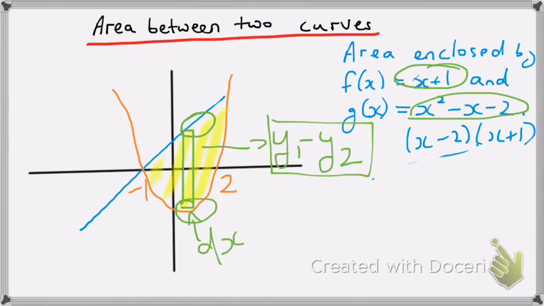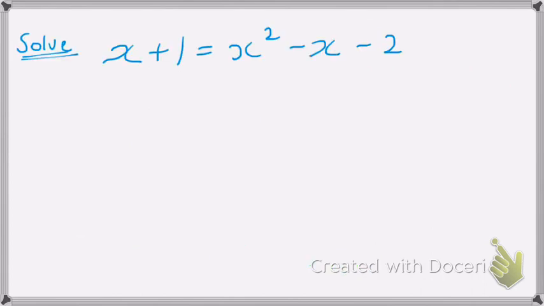Before we do that, we're going to have an integral, and we need our limits. The first limit is easy. It's minus 1, coming from the point where they meet. But for the second limit, we need to do some algebra. We start by setting the equations equal to each other, because we're finding the x-coordinate, and we move everything to one side.